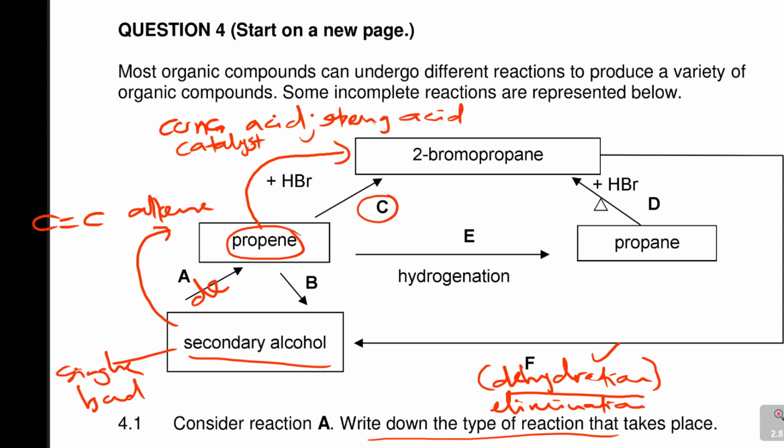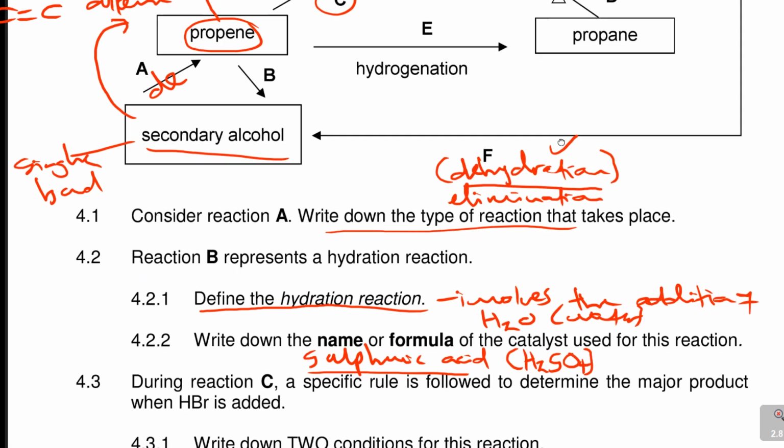Remember, there is a weak acid and a strong acid. So condition number 1, because of HBr, we need a strong acid with it, such as phosphoric acid, H3PO4. So 1, it must be a strong acid. 2, that acid must be concentrated. I think it will work there.